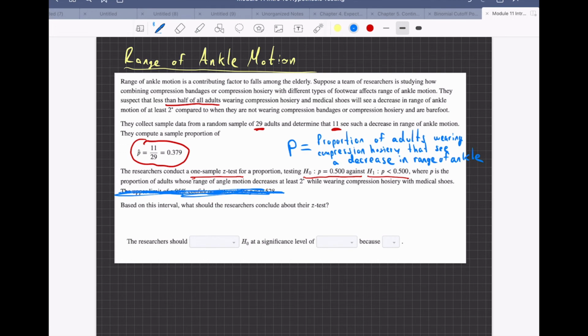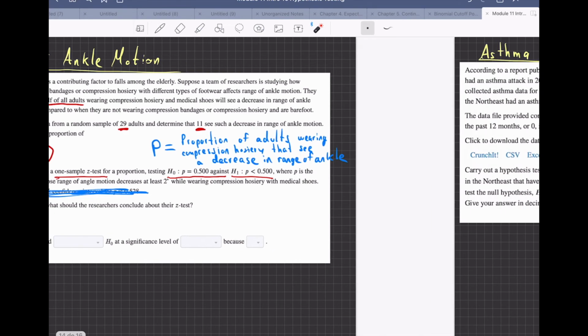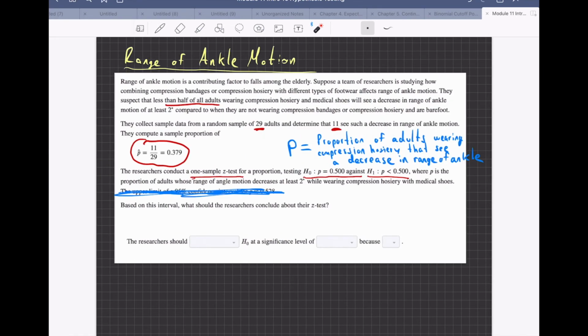There you have. That is the parameter and the description for the parameter. The hypotheses, we already have them here. P less than 0.5. The alpha, do we have the alpha here? No, we don't have it.